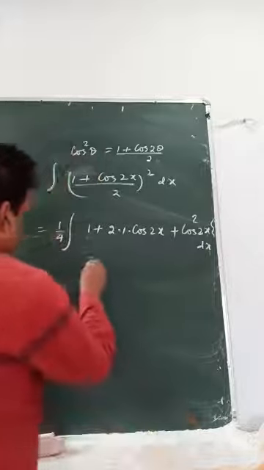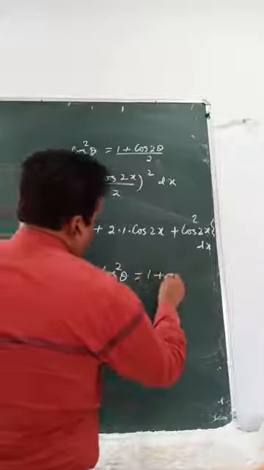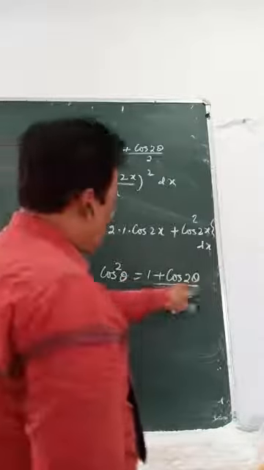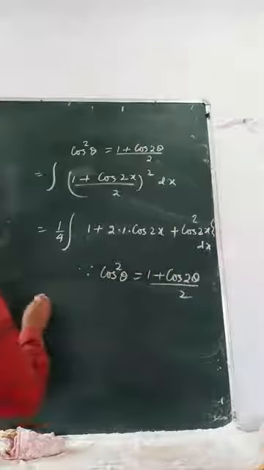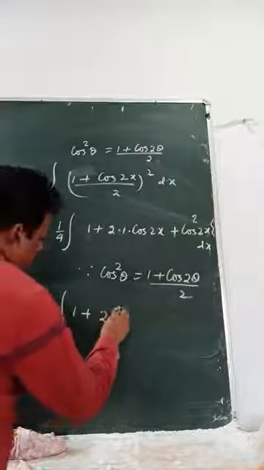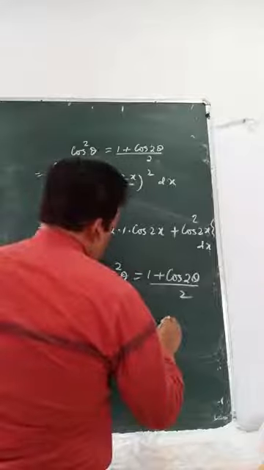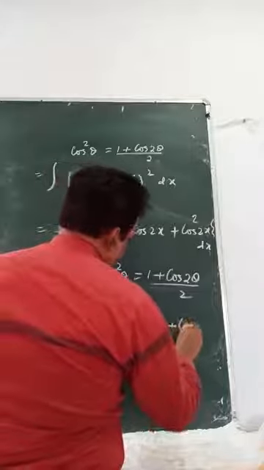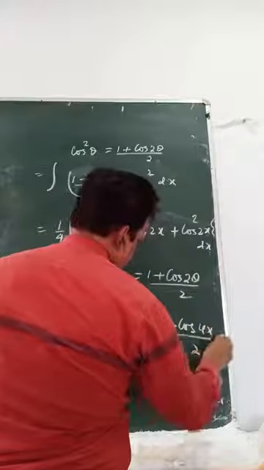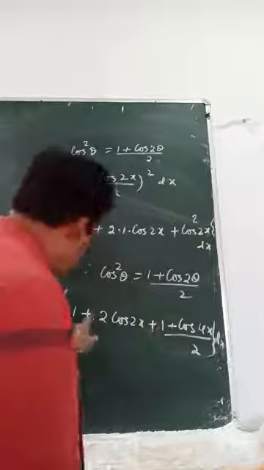So again you have to change it. Again formula, cos square theta is 1 plus cos 2 theta by 2. So 2 times the angle here. So it will be 1 by 4, 1 plus 2 cos 2x, plus 1 plus cos 2x will be 4x by 2. Now 1 by 2 I can separate here.